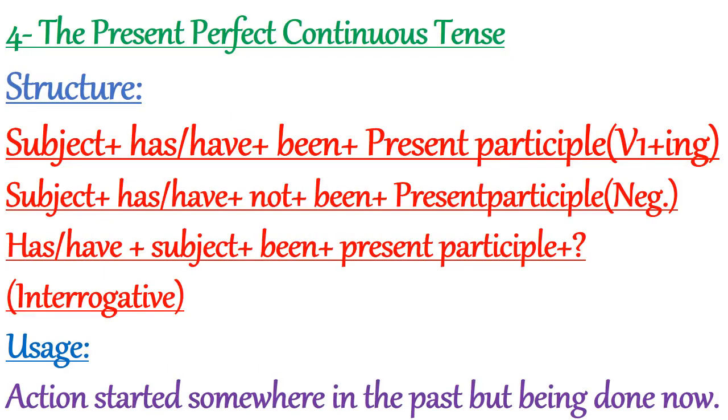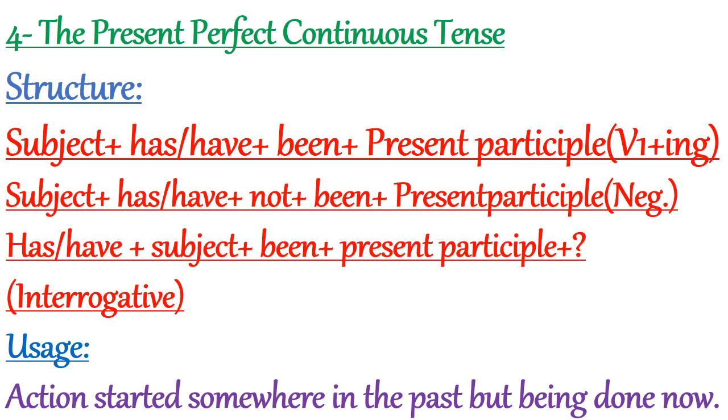Next is the present perfect continuous tense. In the beginning, let us read structure of this tense. Subject plus has or have plus been plus present participle, means first form of the verb plus ing.